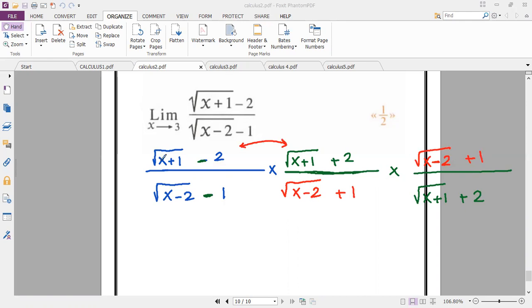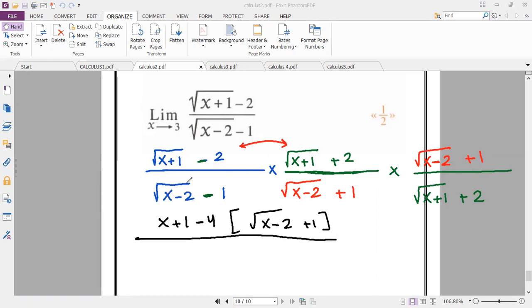It's the square root of x plus 1 minus 2 multiplied by this one here, the conjugate. So it's going to be x plus 1, then minus 4 at the top. Then write the second as it, the square root of x minus 2, then plus 1, divided by the square root of x minus 2 multiplied by the square root of x minus 2. So it's x minus 2, and negative 1 multiplied by 1, so it's negative 1.